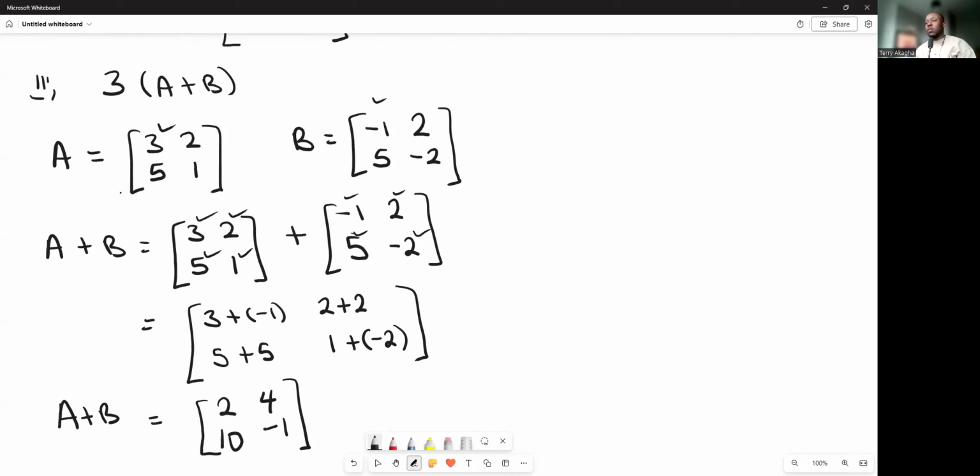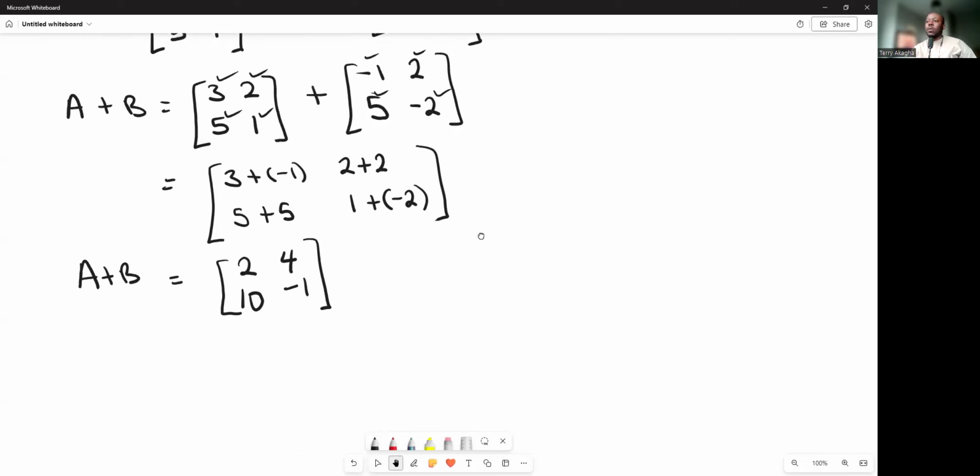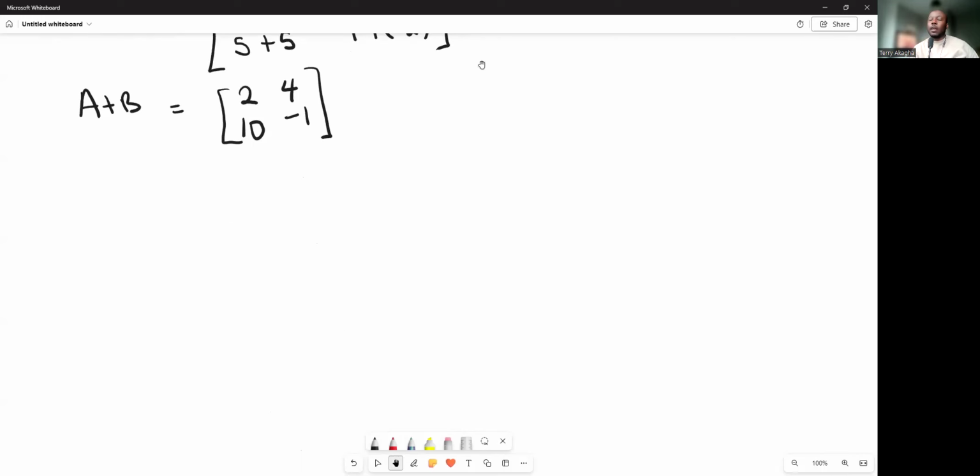But the question is not asking you for A plus B, it's asking you for 3 times (A plus B). So we're now doing a scalar multiplication. That means it's 3 into 2, 4, 10, minus 1.